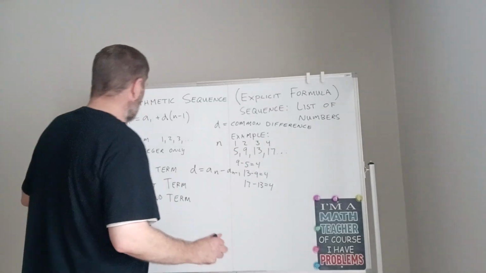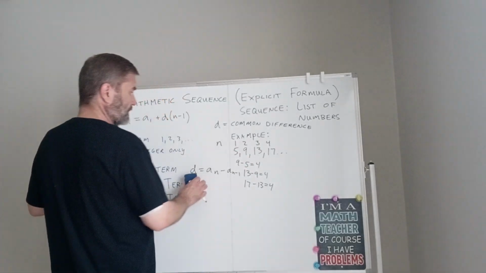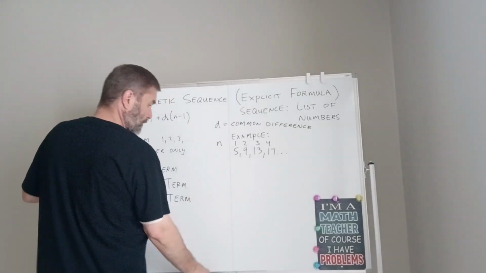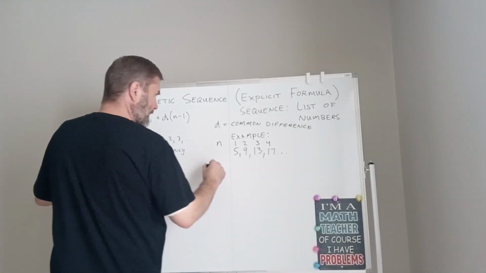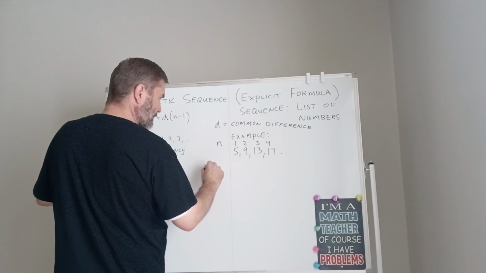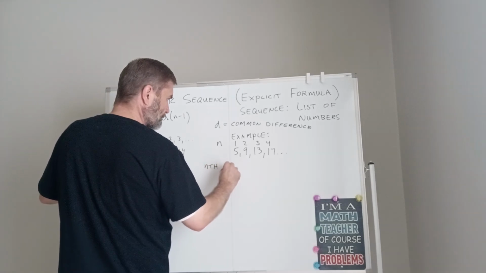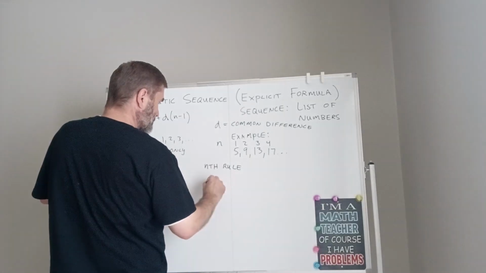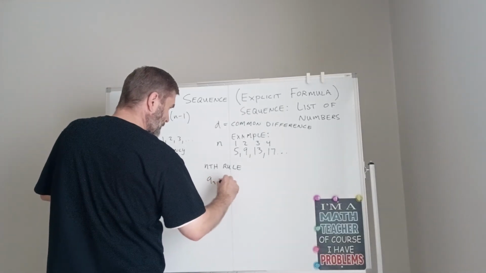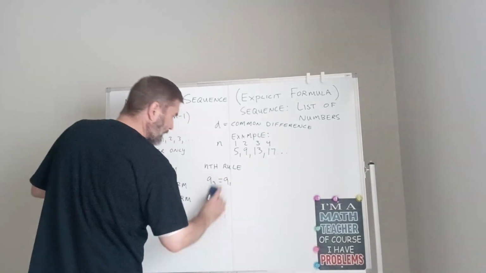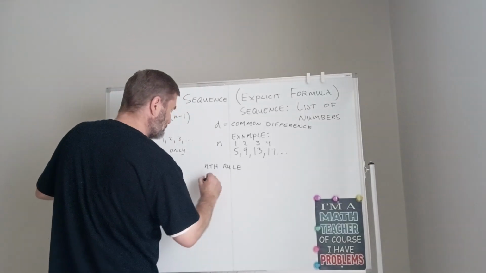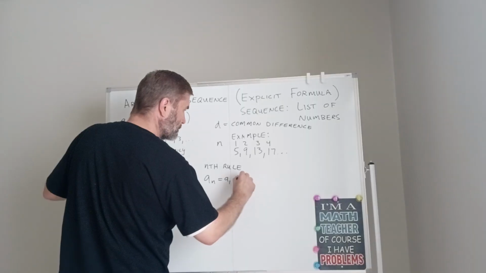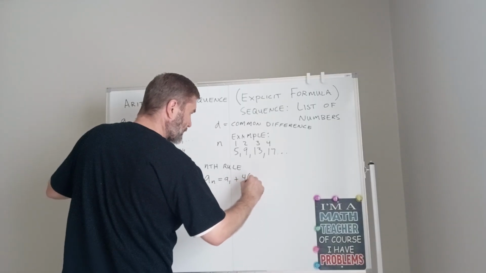Now, very important, what we're going to do next. Once we have our d, which we now know is 4, we're going to plug it in here. So my nth rule, they call this the explicit formula: a sub n equals a sub 1 plus our d, which we know is 4, times n minus 1.